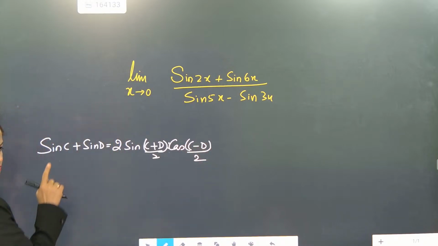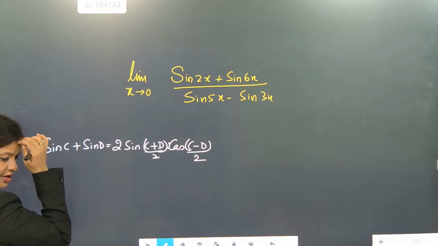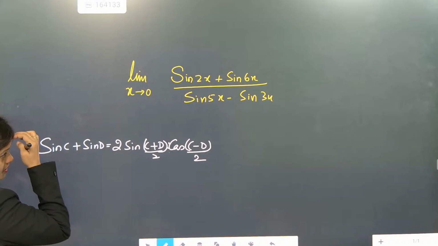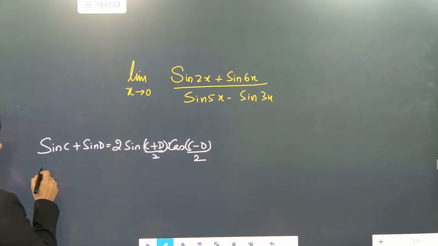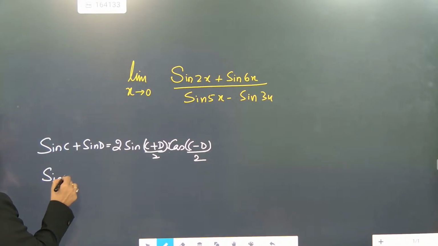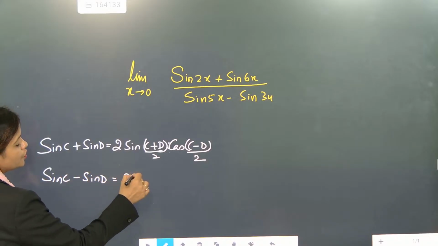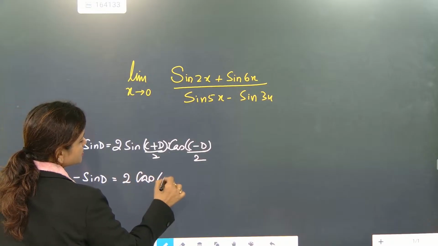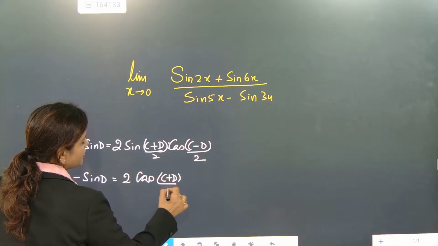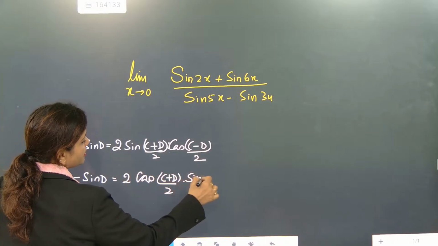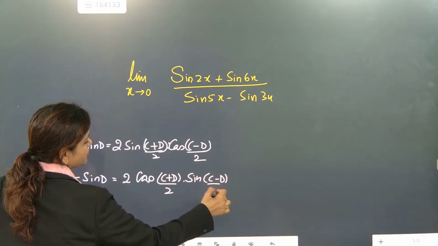This is the formula for sine C plus sine D. Okay. Next part, sin C minus sin D is 2 cos C plus D by 2 into sin C minus D by 2.